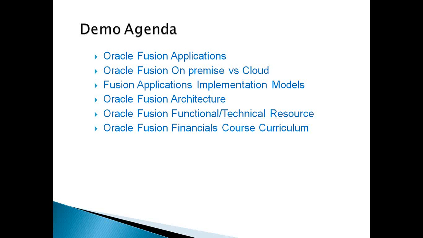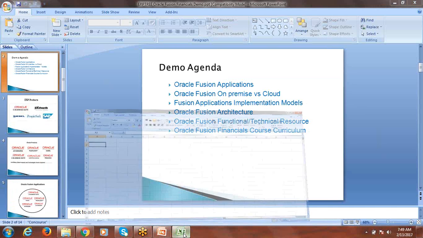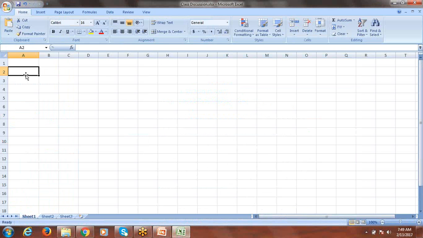And the second point is Oracle Fusion on-premise versus cloud. Before we get into on-premise and cloud, let's talk about a simple term. What is a cloud? Anyone can answer this point if you don't have background noise.